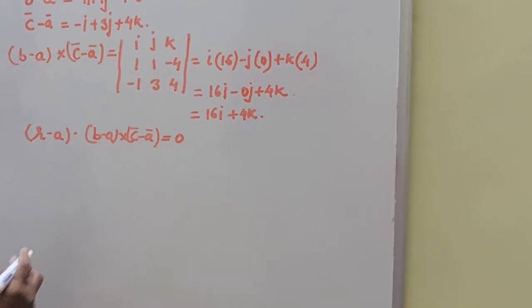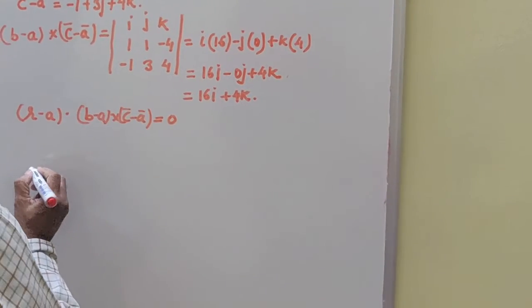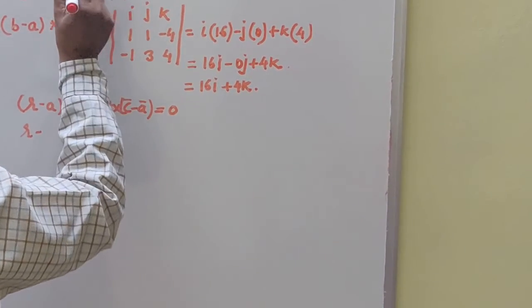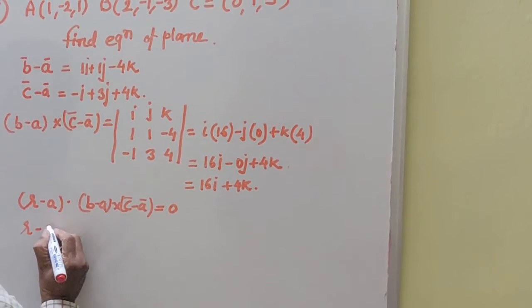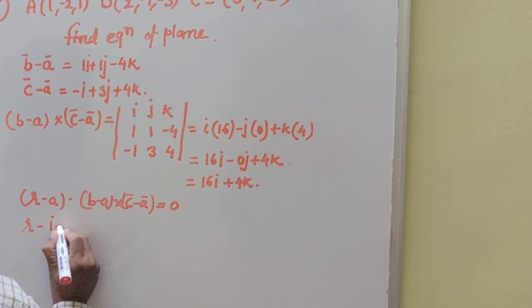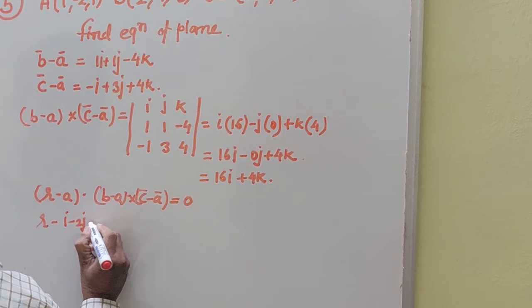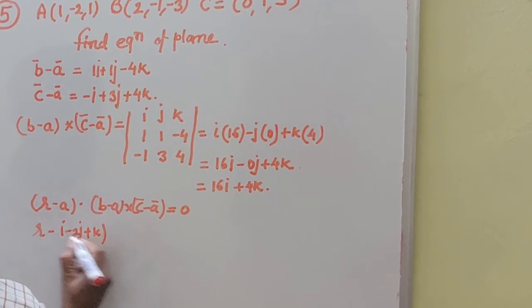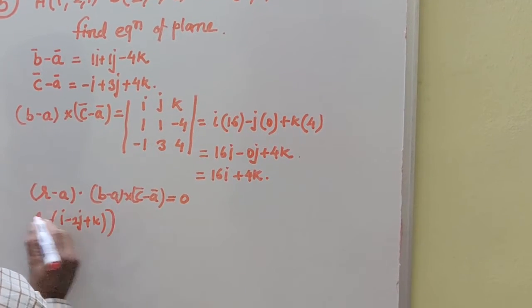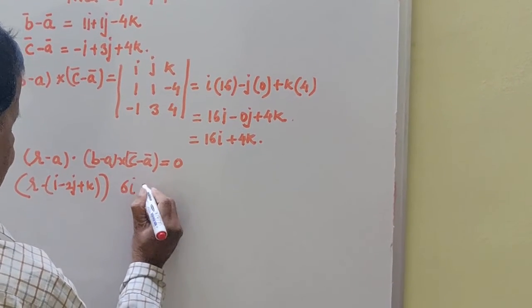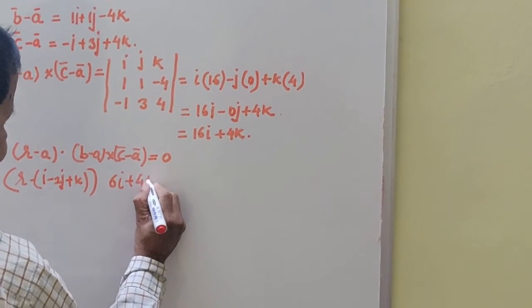Now I am substituting the value. So what will come here? r minus a. A means what is your value? It is i minus 2j plus k. Okay. I am putting here a bracket, and this is 16i plus 4k.